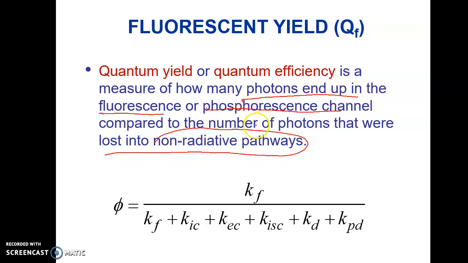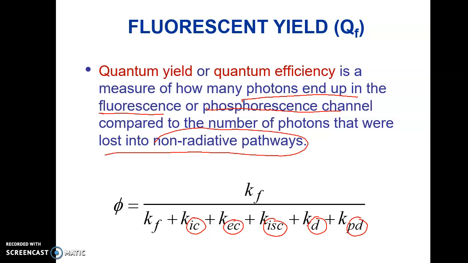What is the non-radiative pathway? All those internal conversion, external conversion, intersystem crossing, dissociation and pre-dissociation. So these non-radiative pathways are detrimental to the fluorescent because it can be due to several factors that we discussed before, for example, the structure, the solvent, the temperature, the pH.